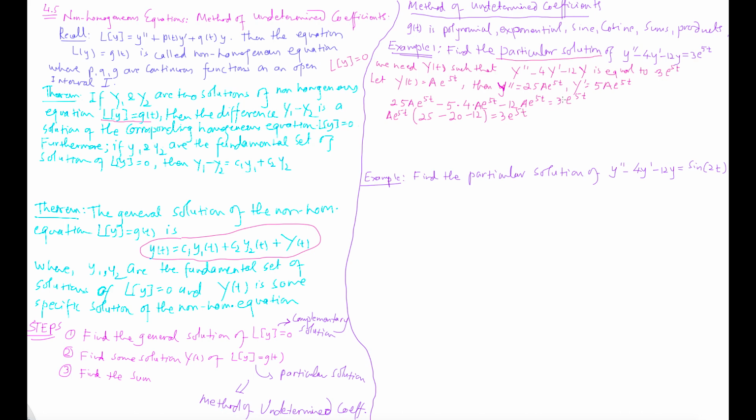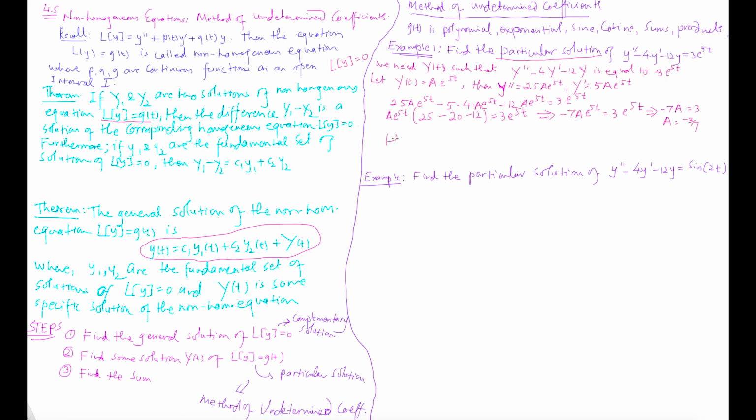How much is that? 25 minus 20 is 5, minus 12, so negative 7a e to the 5t equals 3 e to the 5t. If you compare these two, e to the 5t cancels out, so negative 7a equals 3. So a equals negative 3/7.